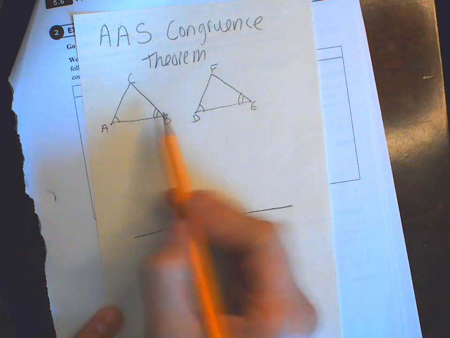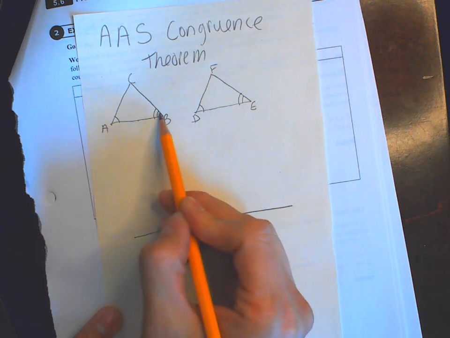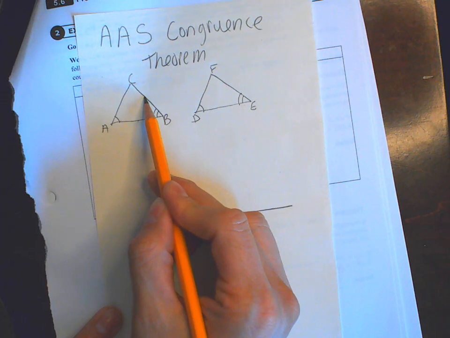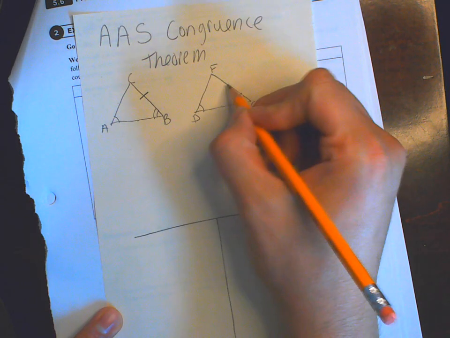So for example, this side would be included because it includes these two. So this side is not included. So I would have this one and this one.